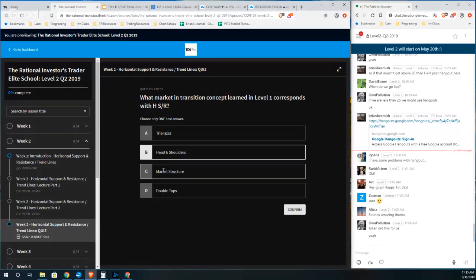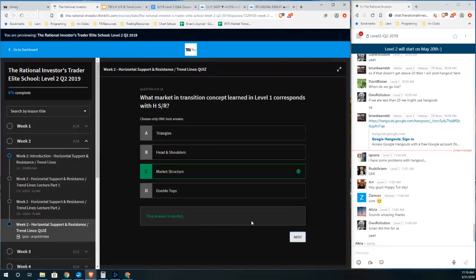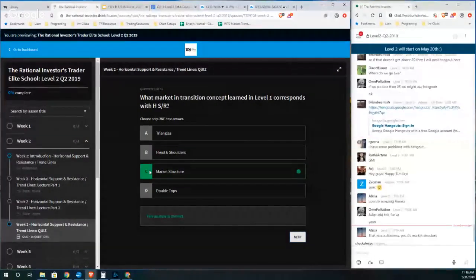I suppose you could also argue market structure as well. I wouldn't have a problem if it was either of those, but I think I was looking for market structure, right? And really think M's and W's. The top of the M's, the two peaks, that's clearly horizontal support and resistance. And the failure of the middle of the M is also horizontal support and resistance.